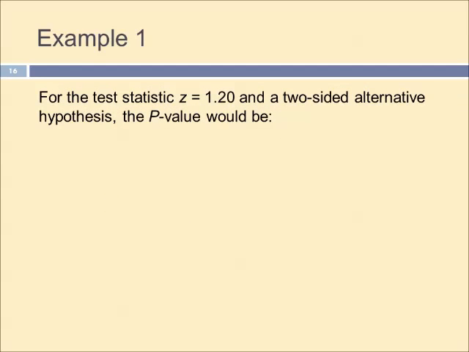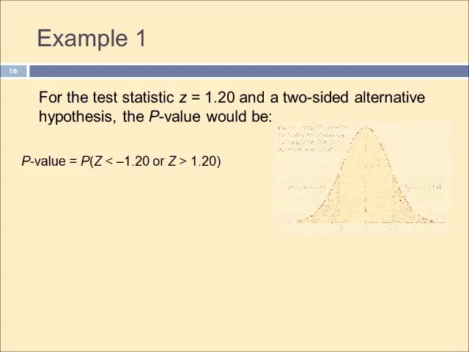So for the z-statistic, the test statistic z equals 1.2, and with a two-sided alternative hypothesis, the p-value equals the probability that the z-score is less than negative 1.2 or that z is greater than positive 1.2. Remember, we're testing here whether the value is higher or lower. Either will cause us to reject the null hypothesis.